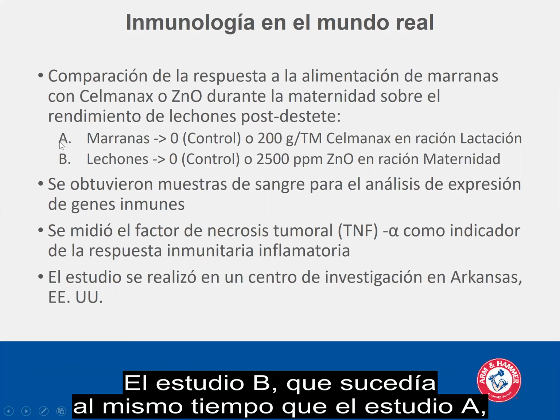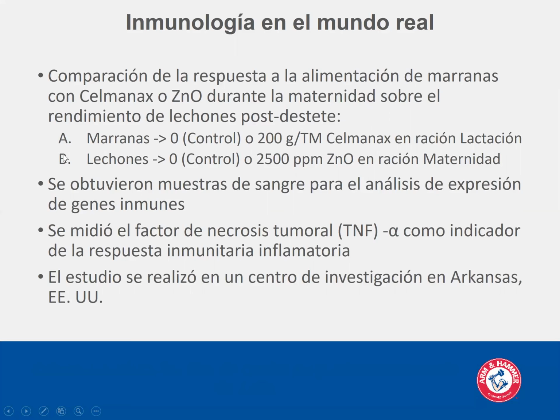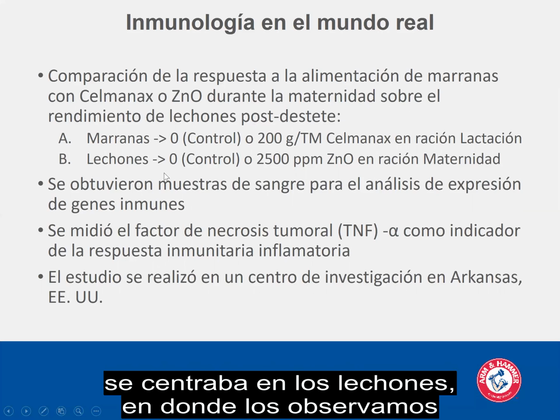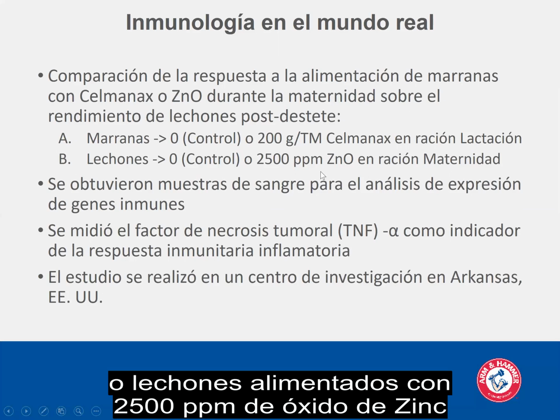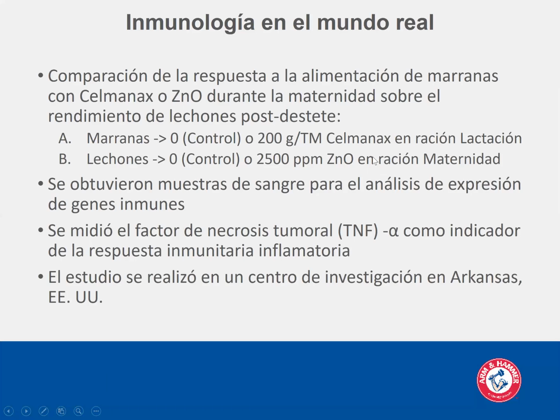And then study B, which was going on concurrently, was a nursery pig study where we looked at nursery pigs fed the control diet or nursery pigs that were fed 2,500 parts per million of zinc in the nursery ration.